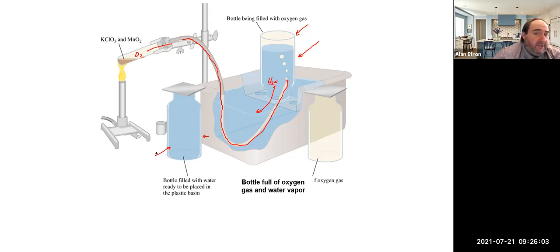You'll continue this reaction till it's over, and at some point you'll have this spot in the container that looks empty, but it's really not empty. That is where all of your O2 gas ended up.